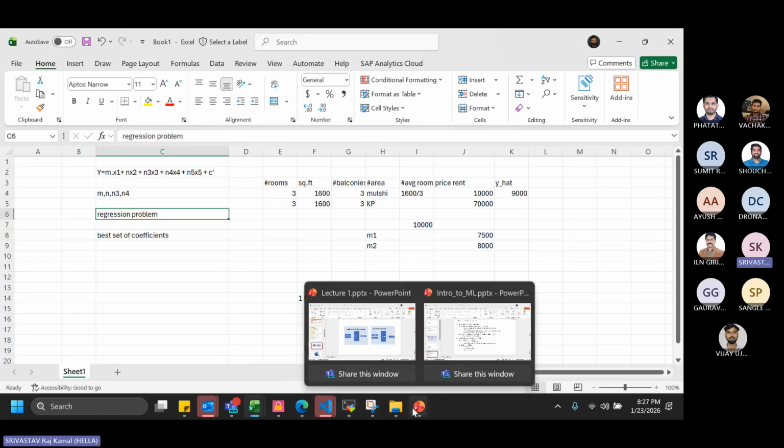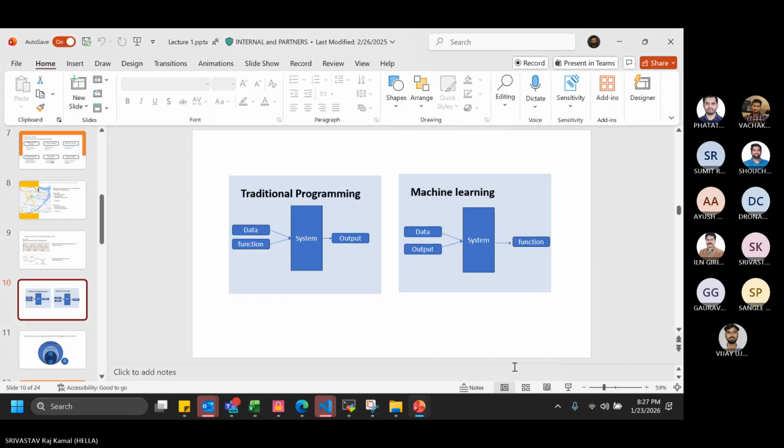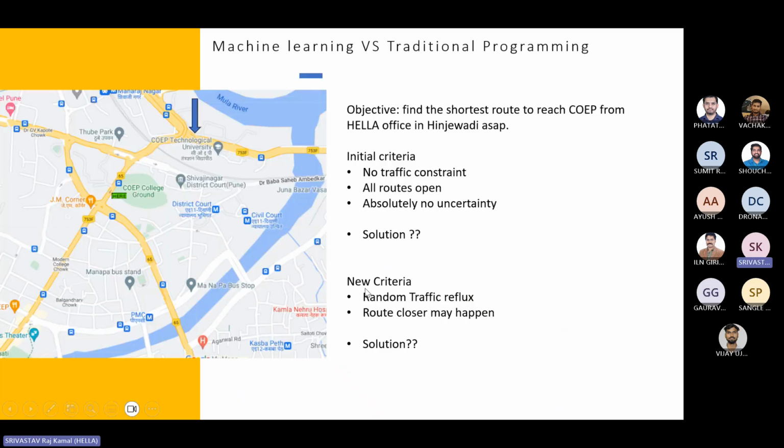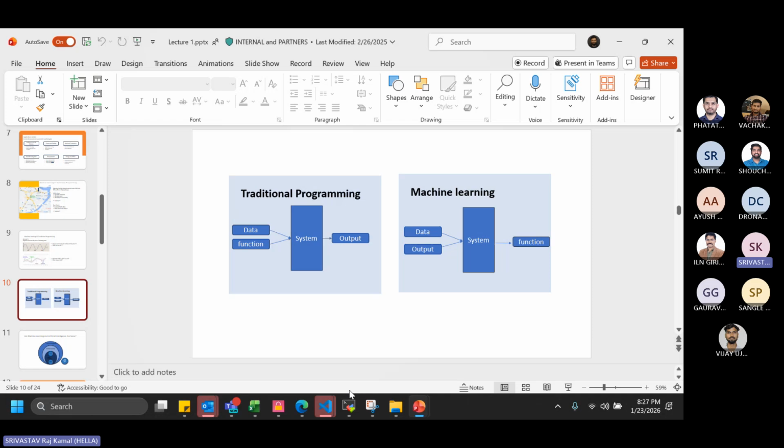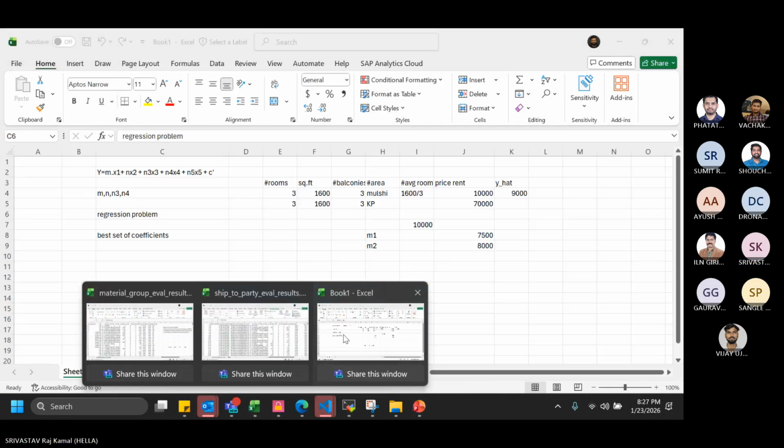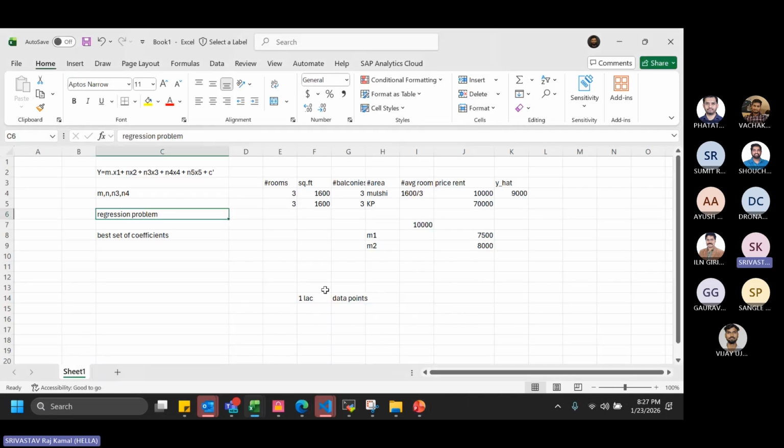Coming to the syllabus. I think now I have cleared most of the points. Coming to the Excel, yeah. I hope by that point of time you at least understand where the usage of traditional programming lies, where machine learning lies, and also the concept of uncertainty.